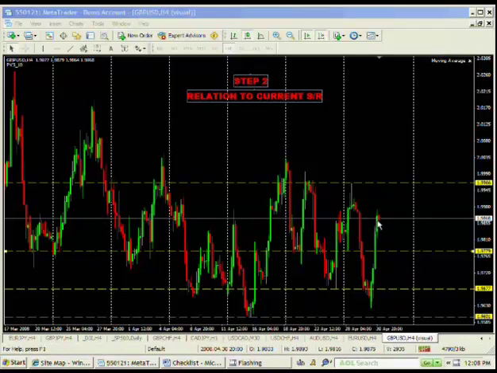And what that tells us is that if support is way down here, even if we think price is going to go up and hit resistance here, we don't want to go long here because our risk is all the way down here at support. We've already moved up too far to think about a long trade here.